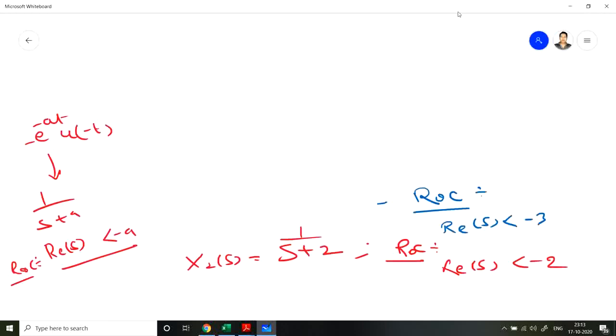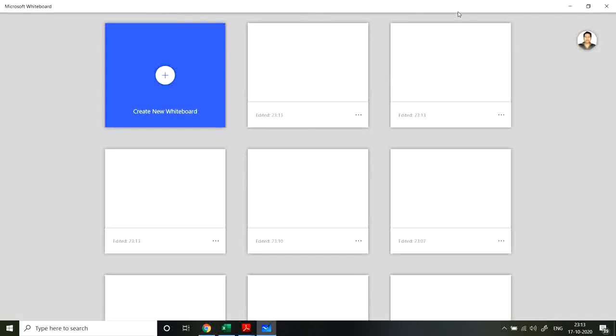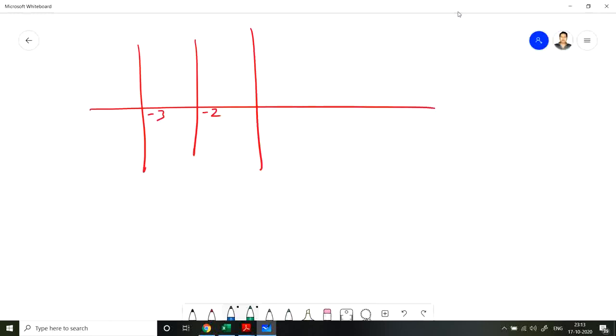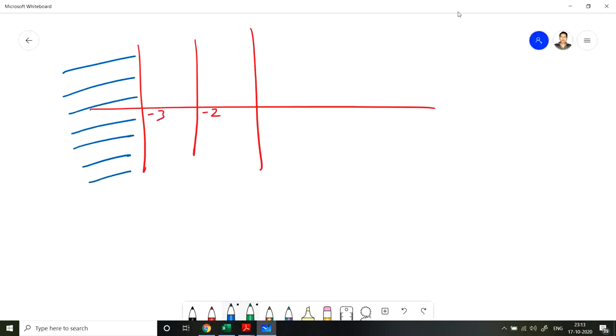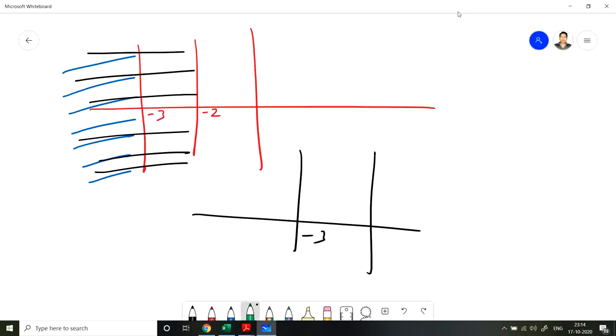Less than minus 3 means more negative than minus 3, and real part of s less than minus 2 means more negative than minus 2. So we can find that this is the overlapping region. So the ROC is real part of s less than minus 3.